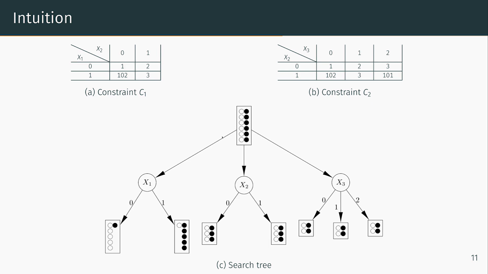But if we assign the first variable a value, we would lead to different situations. For x1 equals 0, we would be in a situation where there are 5 possible low weight assignments and 1 possible high weight assignment. For x1 equals 1, there would be only 1 possible low weight assignment and 5 possible high weight assignments.